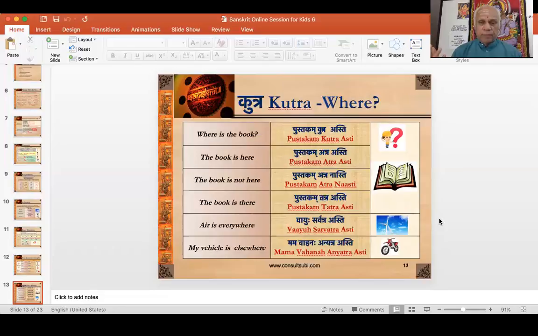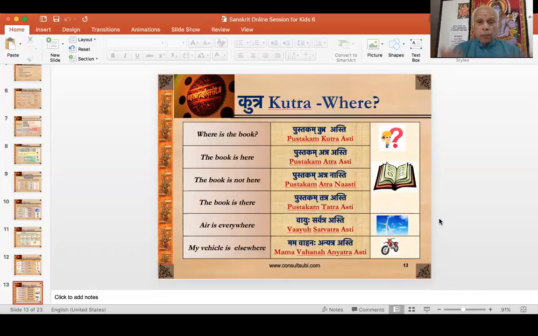But suppose you have parked your car. Where is your car? Vahanam kutra asti. And you say it is not here, it's somewhere else. Mama vahanam anyatra asti. Anyatra means elsewhere. Anya means outside somewhere. It's not here, it is elsewhere.